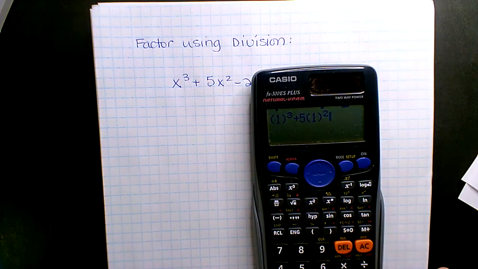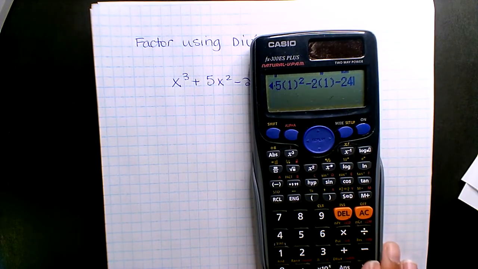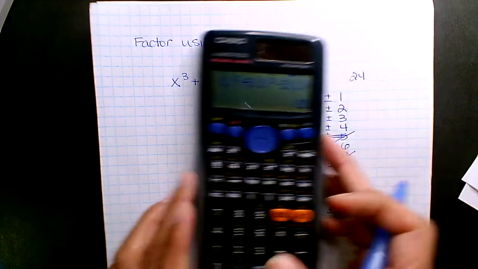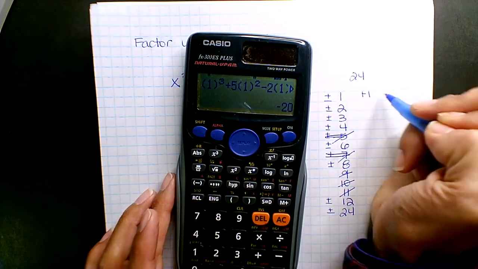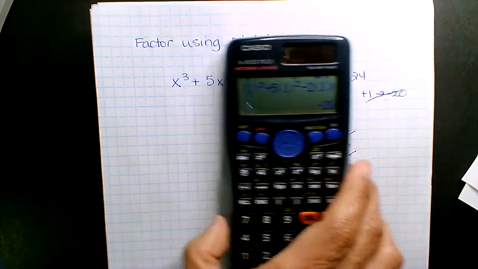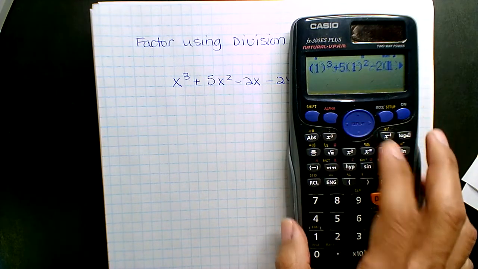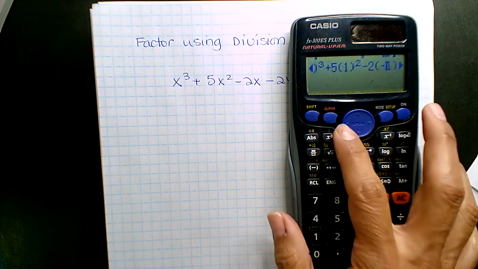Oh, I just realized you guys might not be able to see. Okay, so I substitute positive 1, and I get negative 20. So my output is negative 20, so that's a fail, right? Okay, so let's try negative 1.